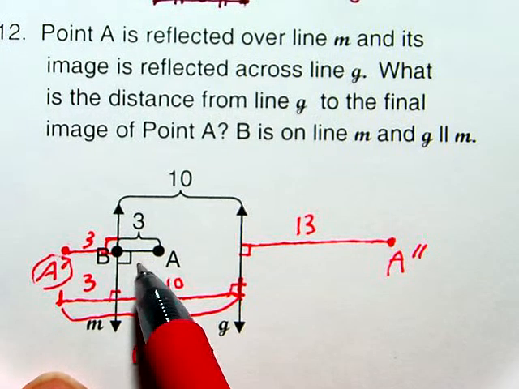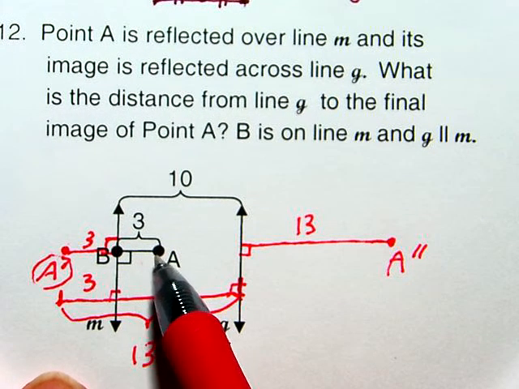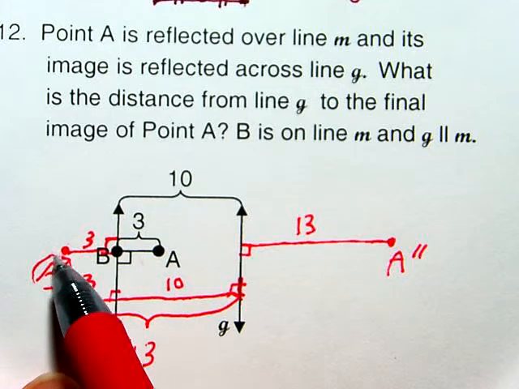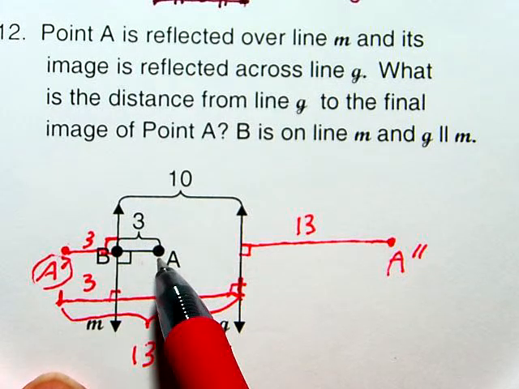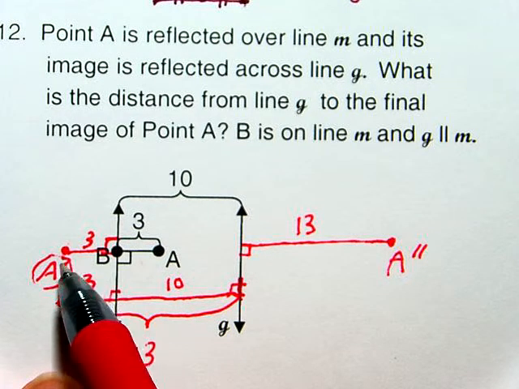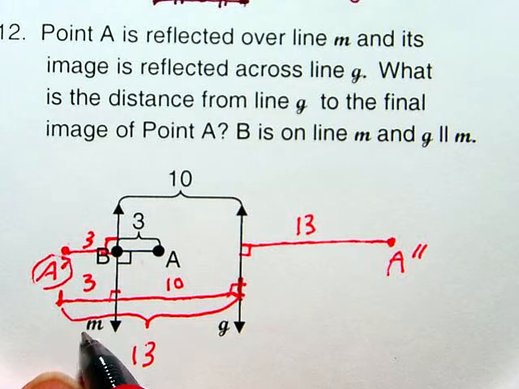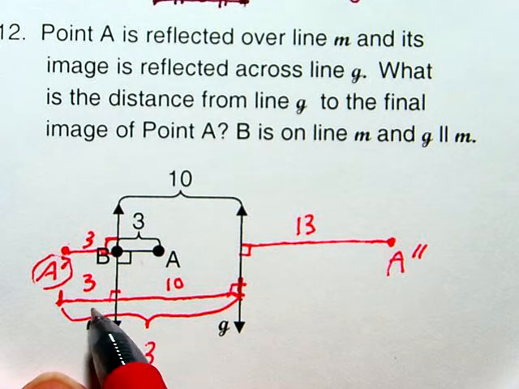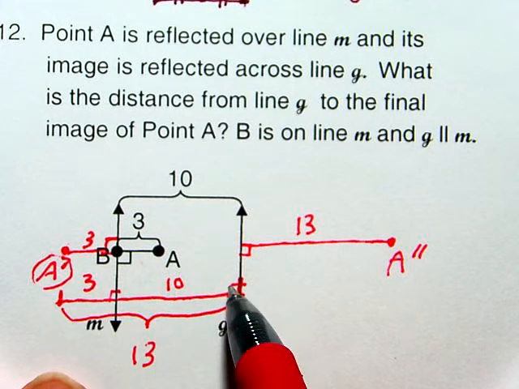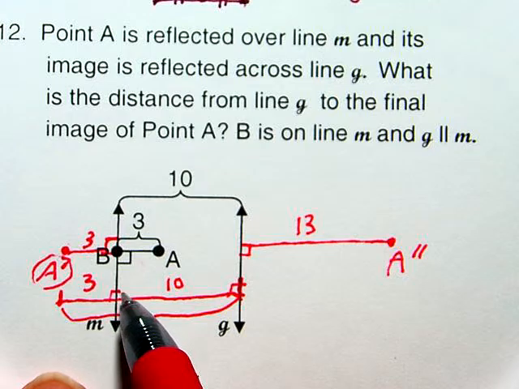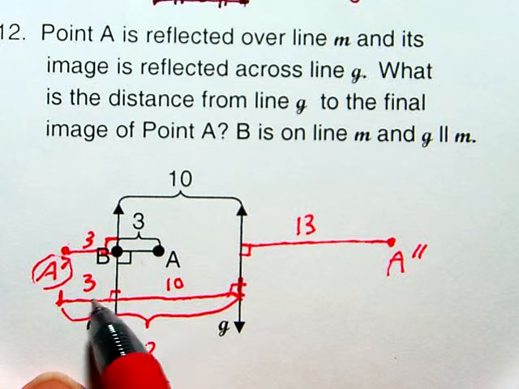So again, we started with A. We reflected A over M. So it went from 3 to the right of M to 3 to the left of M. But 3 to the left of M is 13 to the left of G, because M is 10 to the left of G, plus we went another 3 to the left.